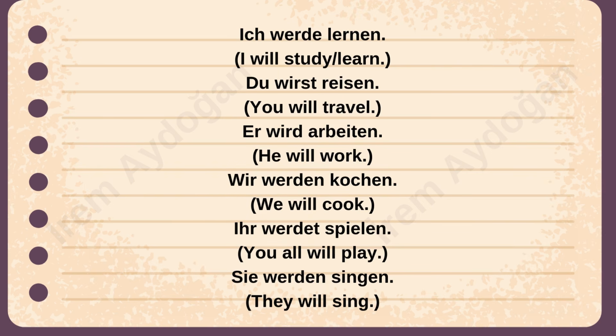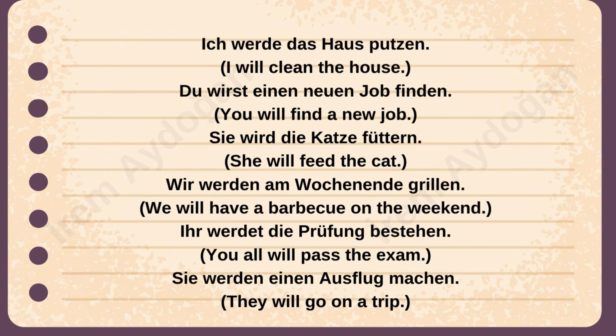Ich werde das Haus putzen, I will clean the house. Du wirst einen neuen Job finden, you will find a new job. Sie wird die Katze füttern, she will feed the cat. Wir werden am Wochenende grillen, we will have a barbecue on the weekend.